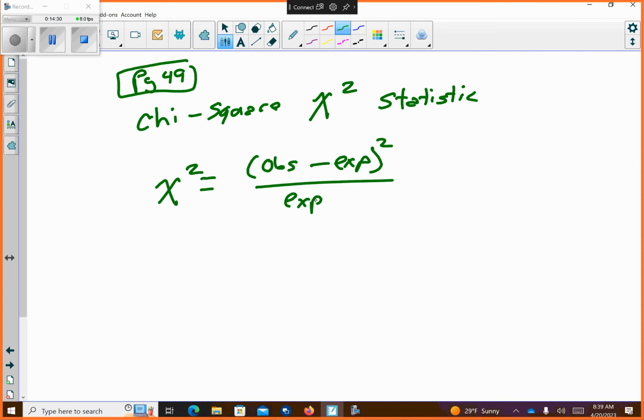Chi-squared between 0 and 1 provides little evidence against the null hypothesis, but as chi-squared rises, the evidence grows. The total of all chi-squared values will determine the strength of the evidence against the null hypothesis, and will determine whether we reject or fail to reject the null. When we perform a chi-squared test, we need to make a 3-column chart including observed values, expected values, and the chi-squared values.